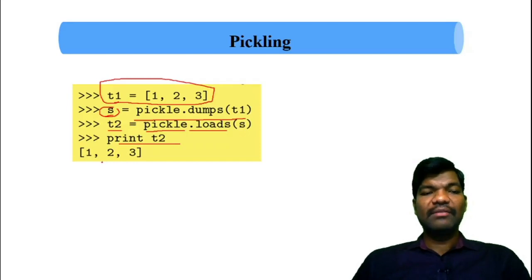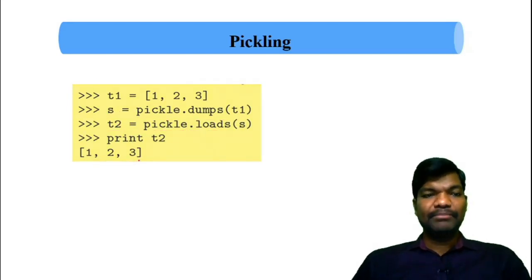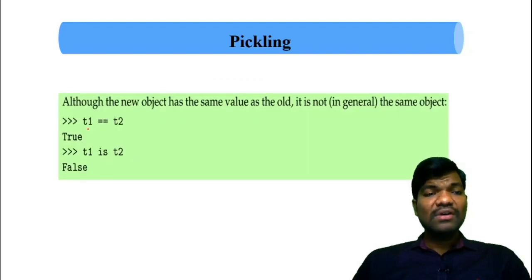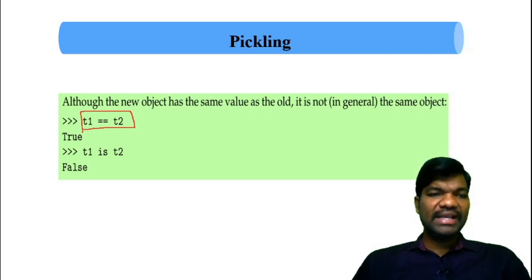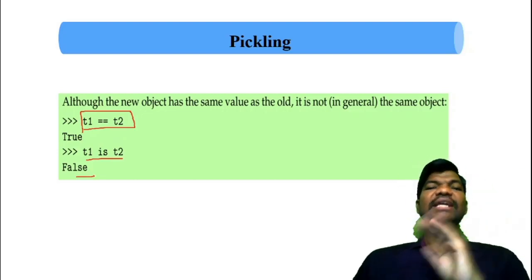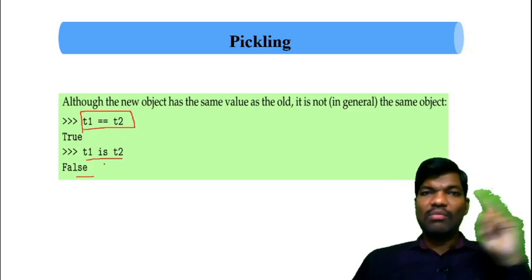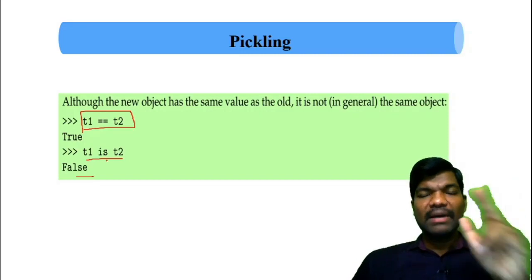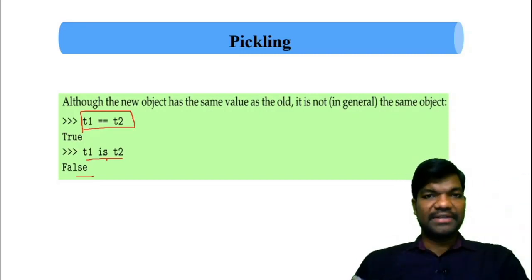It is [1, 2, 3]. Of course, t1 is equal to t2. t1 is [1, 2, 3], t2 is [1, 2, 3]. But t1 is t2 is False. t1 is one object and t2 is another object. Both contents are the same, but the objects are different.